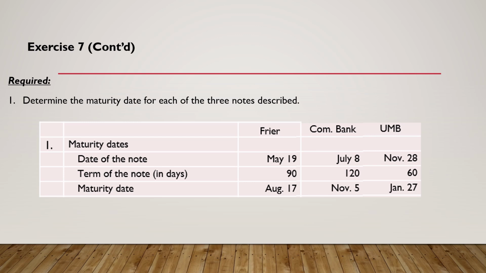The note we took from UMB Bank was taken on November 28th. Its duration, the term of the note, is 60 days. So the maturity date will be January 27th. These are the 3 notes described here.